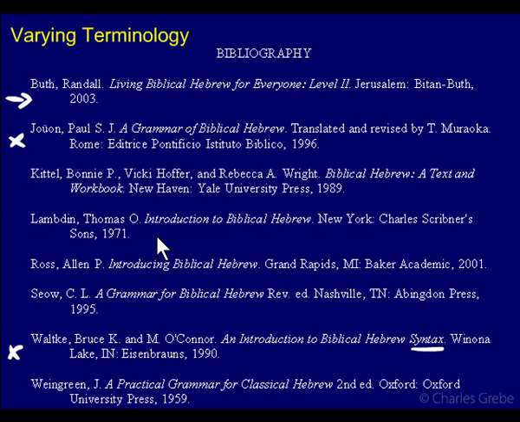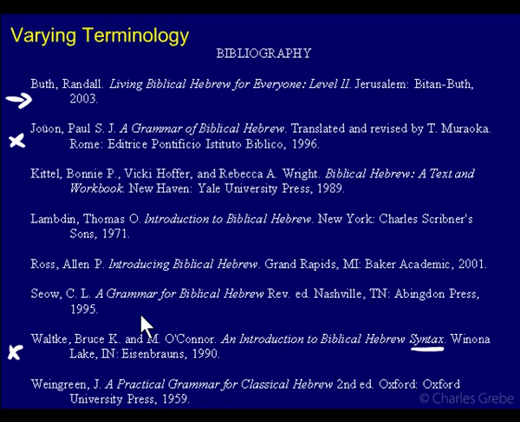Lambdin is the first textbook I used. It's a classic, and he uses vav conversive, which is why I sometimes flip into that. Ross is the text that we're using right now for these modules here, 2001. So it's a fairly recent publication, although he was using it for years, teaching it before he published it. And Seow, I also used that text.